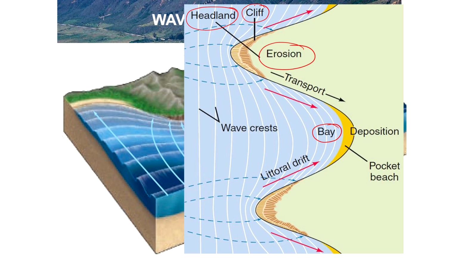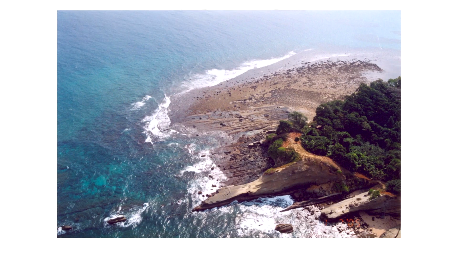And then you have the bay area where you will see the formation of a beach. So, in this portion you will see a beach, and here you will have the cliffy coastal banks. These are what we term as headlands. This is from Andaman. So, we have the headlands here. This is your headland.